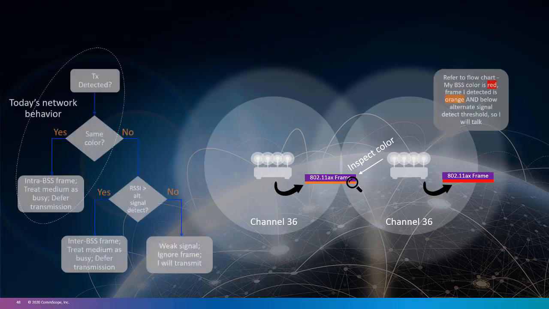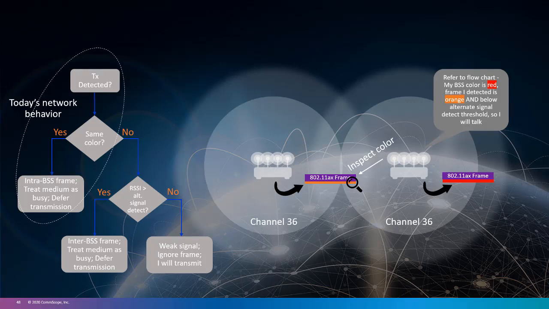In our example, the spatial reuse channel access rules are: is transmission detected? If yes, you ask if it's the same color, meaning you are in the same BSS. If yes, you treat the medium as busy and the frame is considered an intra-BSS transmission, and the listening radio will defer transmission. This is how today's networks behave.